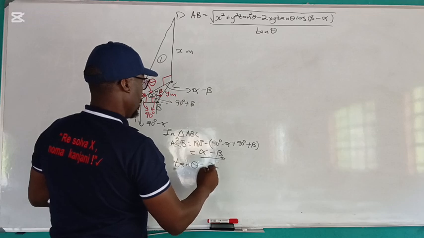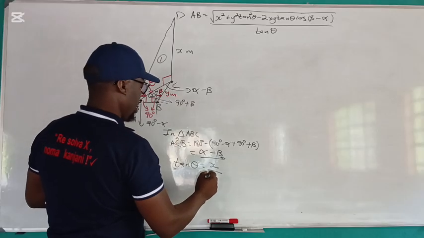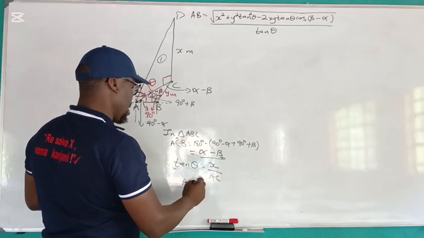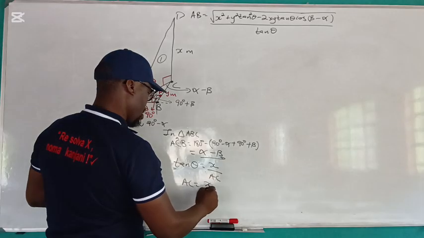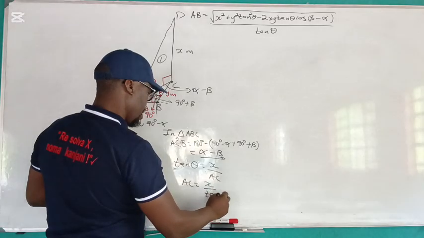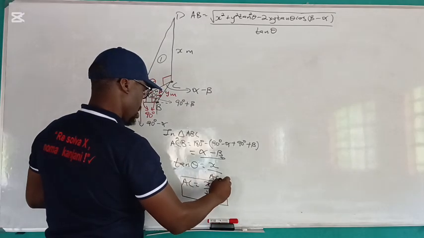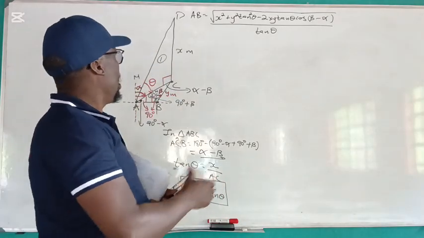So opposite, which is x, over adjacent, which is AC. If we make AC the subject of the formula, we get AC is equal to x over tan theta. Now we're going to have to use this later on.